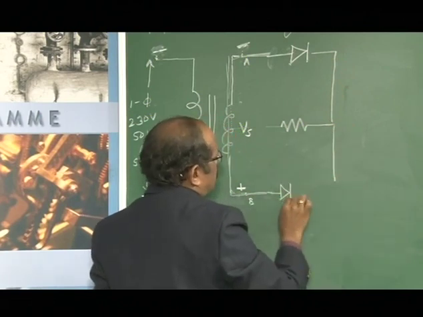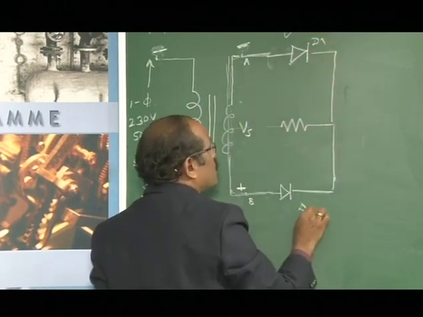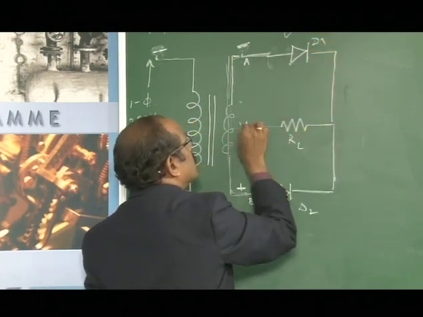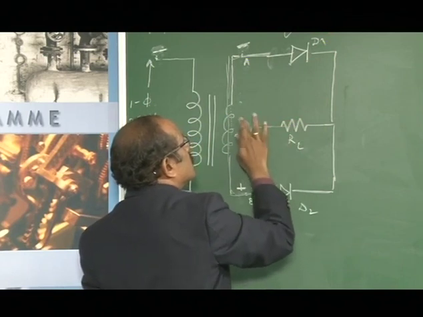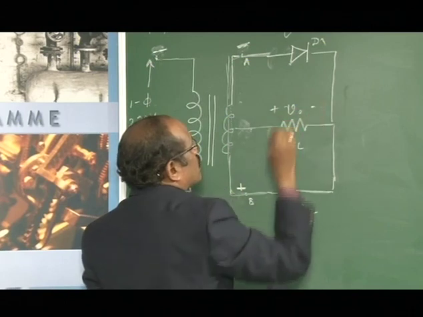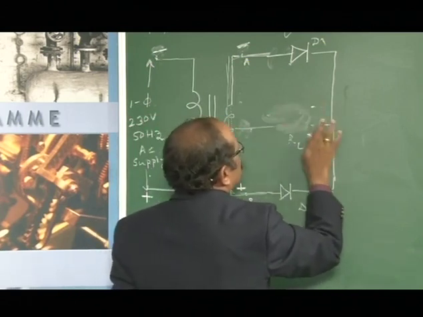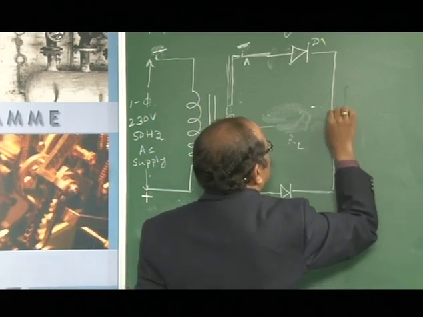It has two diodes, called diode D1 and diode D2. This is the resistance RL, and this is the output V naught. Usually you can take the output across this resistance, so it should be connected here.